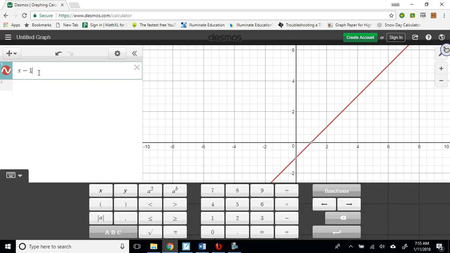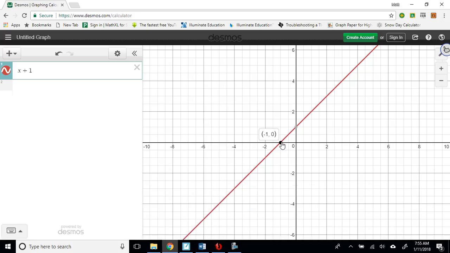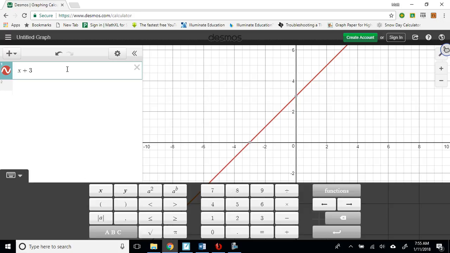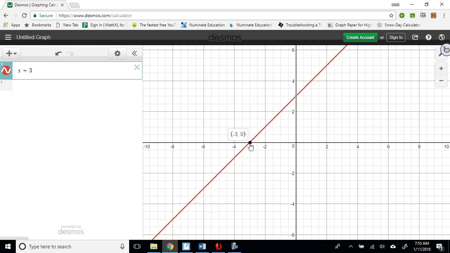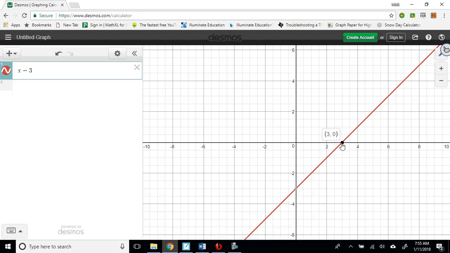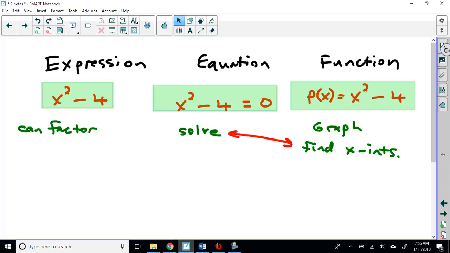If I made this x plus 1, the x-intercept is negative 1. Does that make sense so far? If I make that x plus 3, the x-intercept is negative 3. If I make that x minus 3, the x-intercept is positive 3. Do we kind of remember that from Chapter 4? Okay. So that's a big idea in this lesson today.